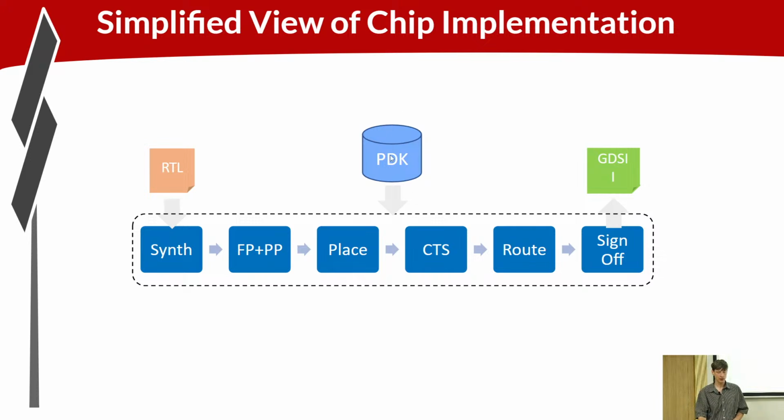Then you factor in your process development kit. This is characterizing the technology that you're using to implement your physical circuits. What are all the metal layers? What's the metal stack look like? Your cell libraries, all that.